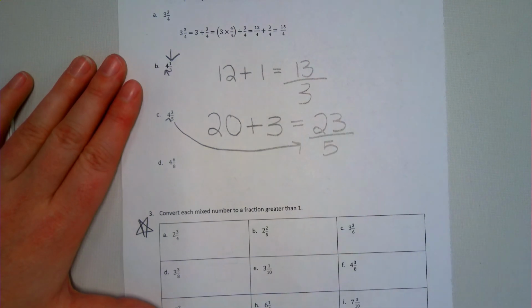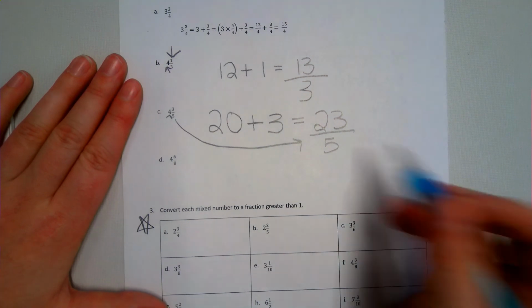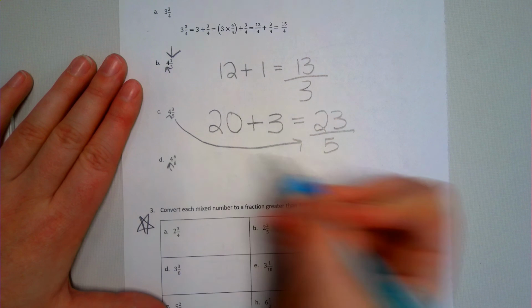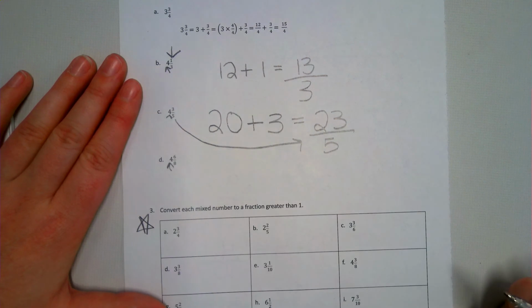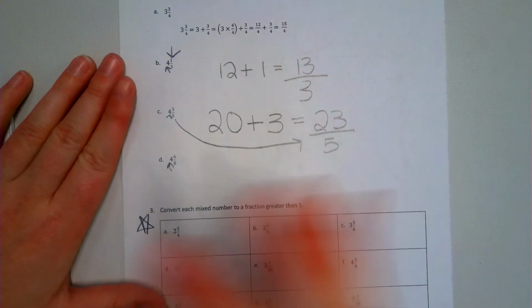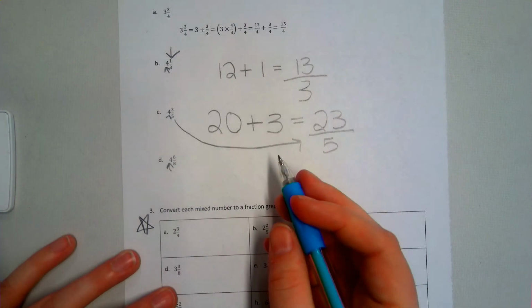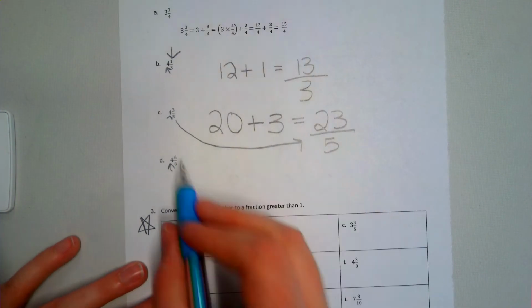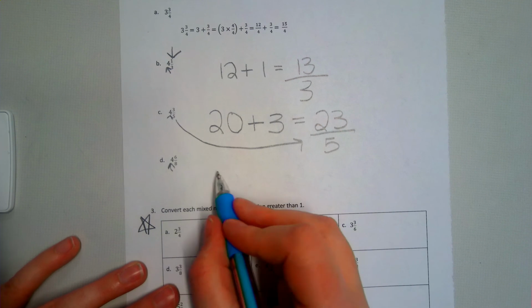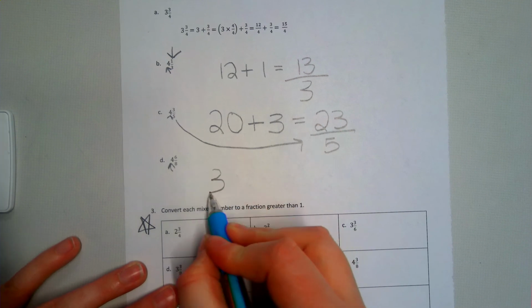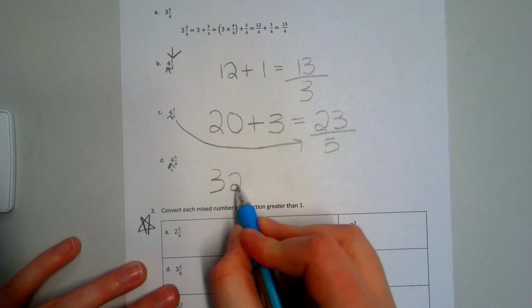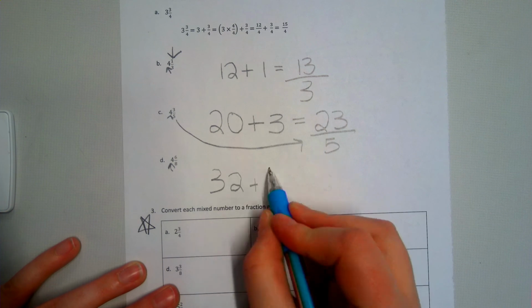So I'm going to show this last one. Then you are going to do the other ones on your own. 8 times 4. Remember, if you are not caught up right now, you can pause it until you get caught up with what you're writing. Or rewind it. You can rewind it, you just can't skip forward. 8 times 4 is 32 plus 6.